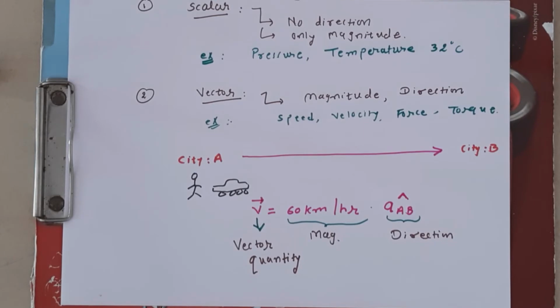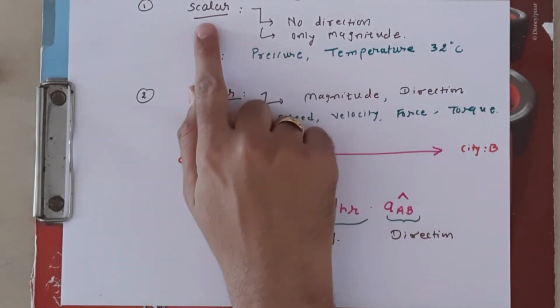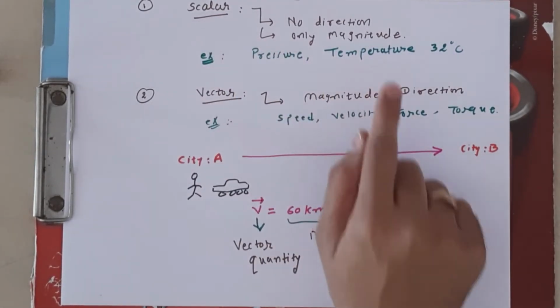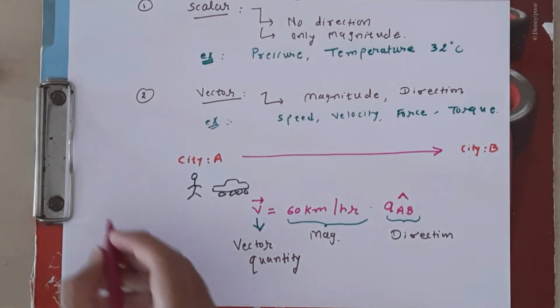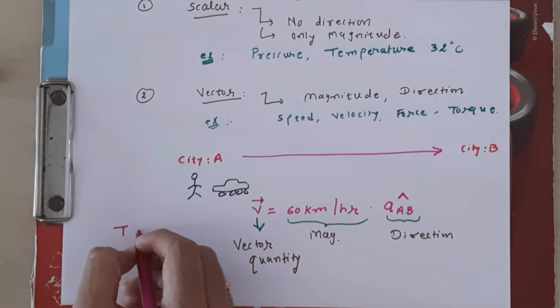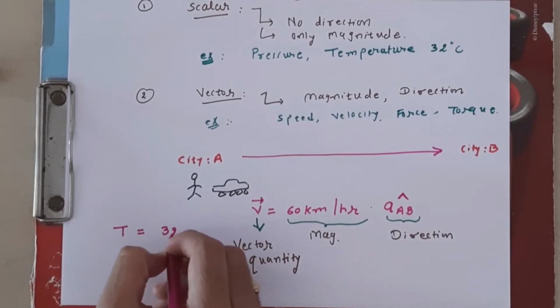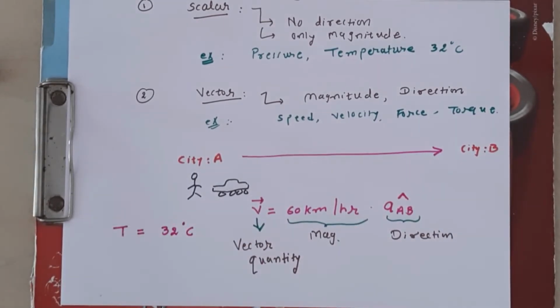Clear? Okay, I will give an example of a scalar quantity also, and it is temperature. Suppose I have to say the temperature is 32 degrees Celsius. I cannot say that in the x direction the temperature is 30 degrees, in the y direction the temperature is 25, in the z direction the temperature is 40, because temperature is a scalar quantity, it has no direction.